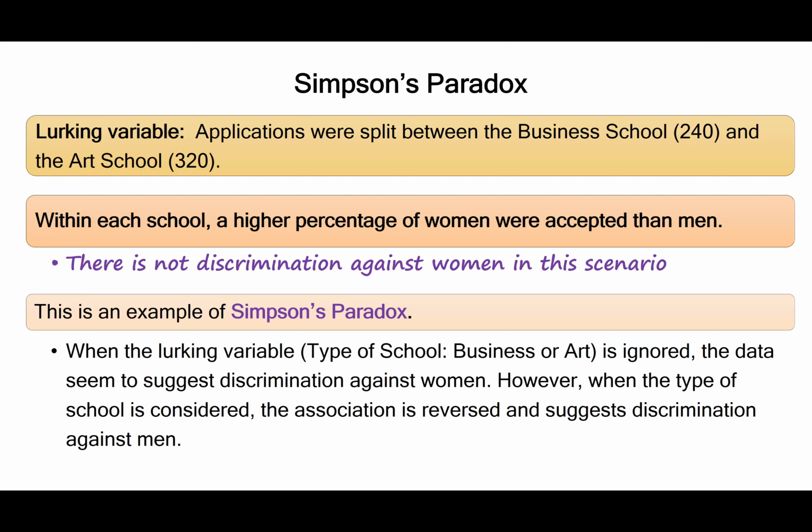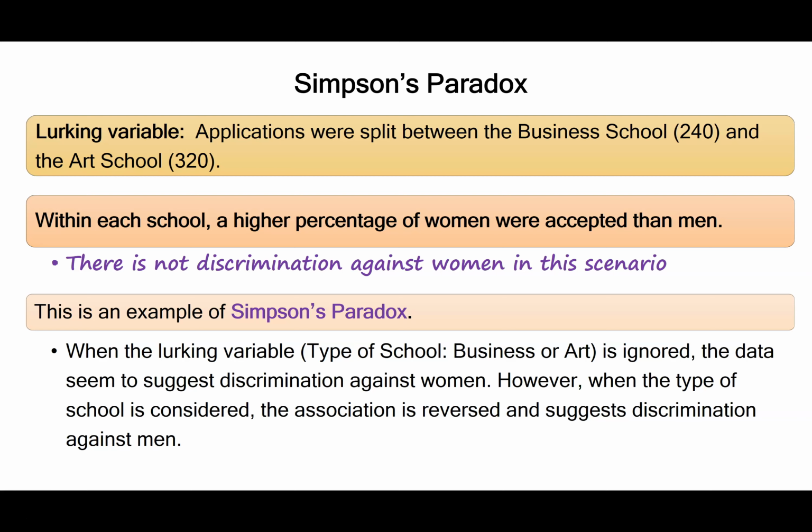So within each individual school, within art school and within business school, a higher percentage of women were accepted than men. I wouldn't say that based on this alone, you have a case that the school is discriminating against women in this scenario. Although there are definitely things to say about the fact that a lot fewer women are applying, that's not strictly discrimination. So this is an example of Simpson's paradox.